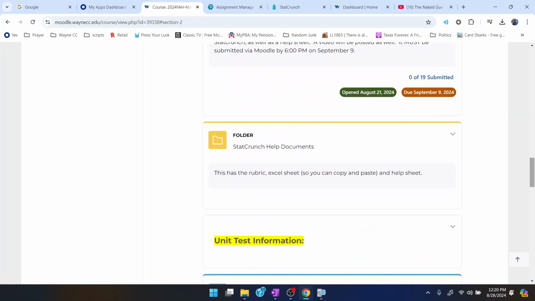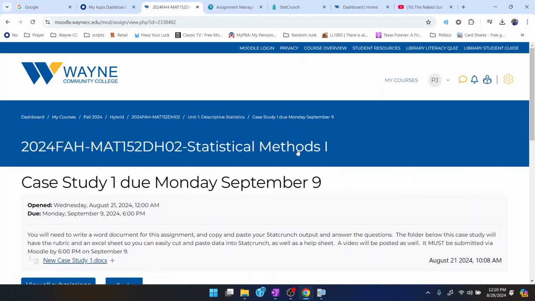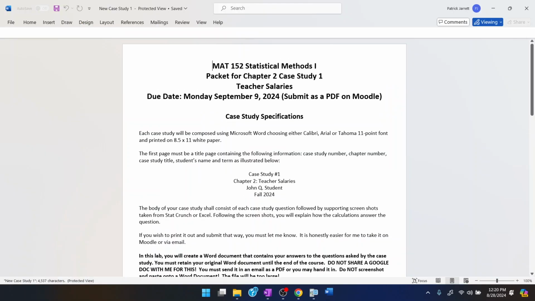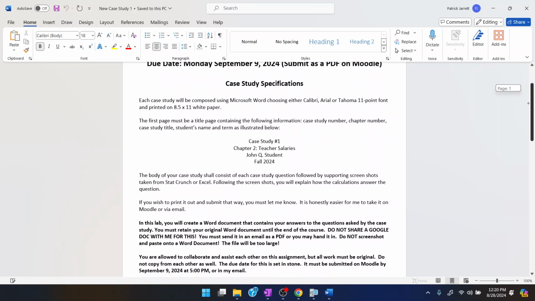If you notice, underneath that there is a StatCrunch help document. So, here's the purpose of the case study. First off, you'll use Microsoft Word.